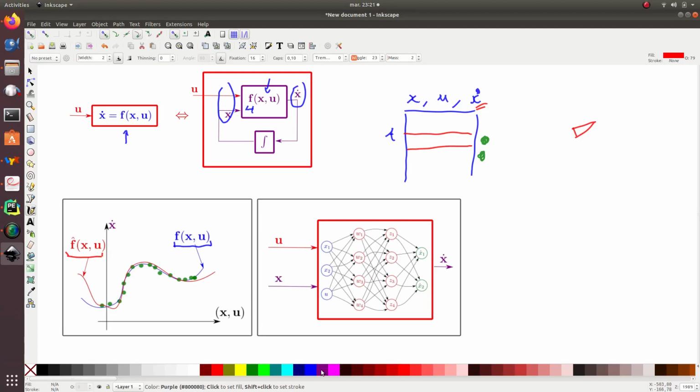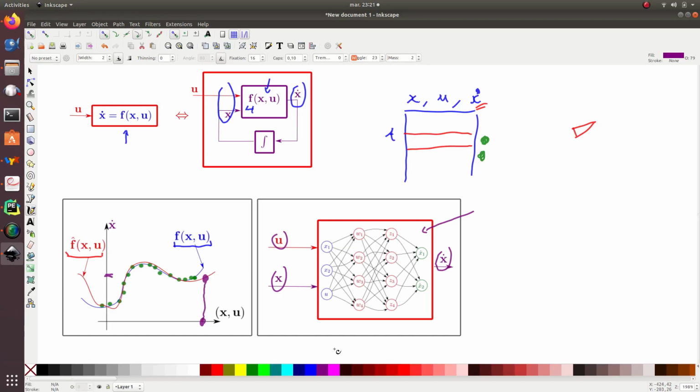But in our context, it will be convenient to use a neural network, such as this one, which is a multi-layer perceptron. As soon as I have this, then from u and x, I will be able to predict x dot. So if I have u and x here, I will predict here, in red, the value for x dot.